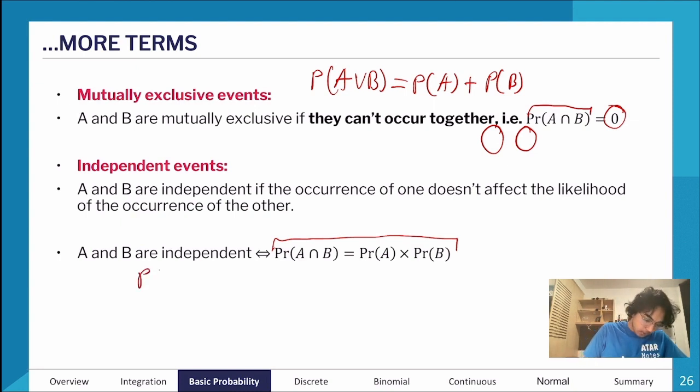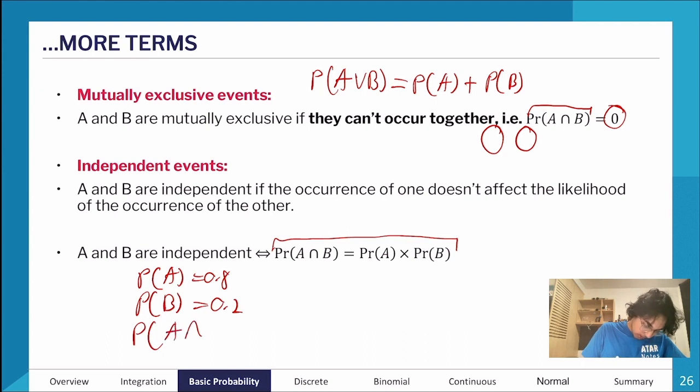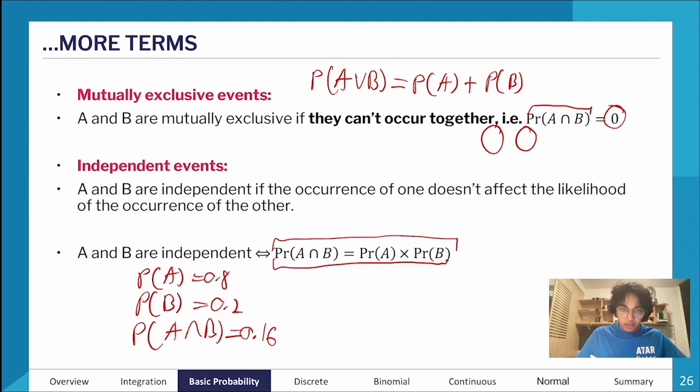So for example, the probability of A is 0.8, the probability of B is 0.2, and A intersection B is equal to 0.16. The way you'd prove these are independent events is you'd throw it into this equation and show that A intersection B is equal to 0.8 times 0.2, which it is. So in this case, A and B are independent.